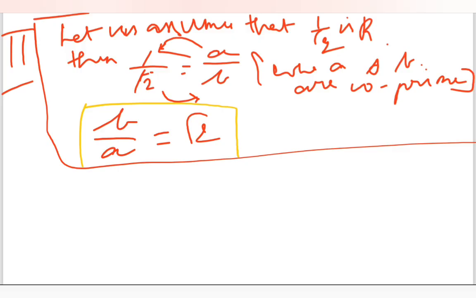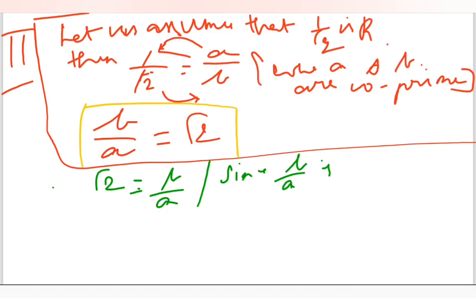Now since we can also change it like this, root 2 is equal to b by a. So b by a is a rational number, am I right? Since it is expressed in division form, it is rational. Since b by a is rational, we can say root 2 is also rational.